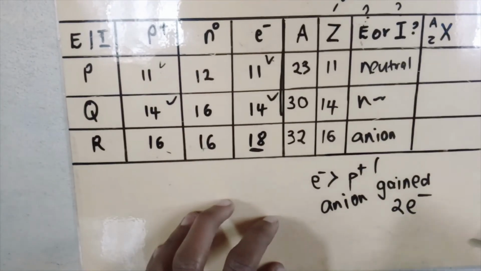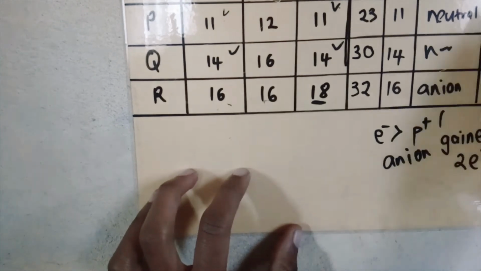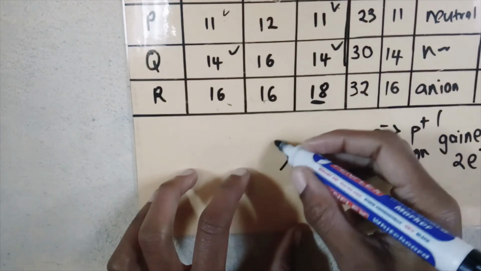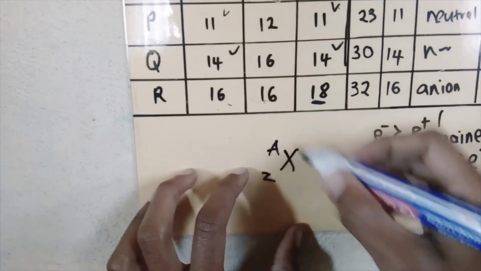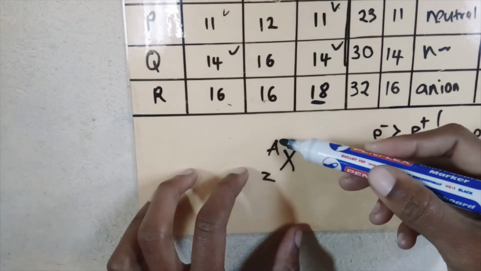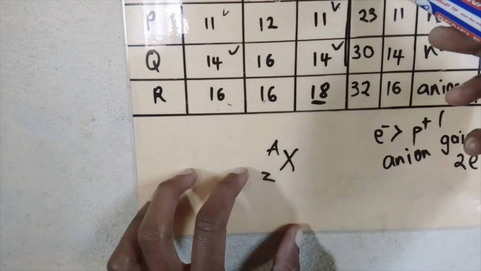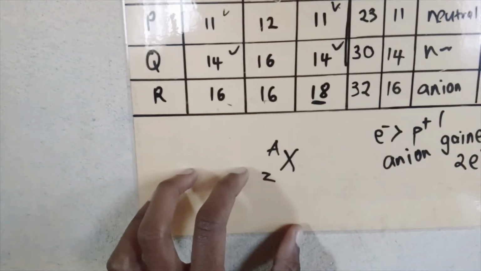Okay, so now let us go back to this part of the table. This is how you would normally write a chemical symbol, and we call this the X, A, Z notation. The X is just the chemical symbol, and like we mentioned, A is your atomic mass, Z is your atomic number.